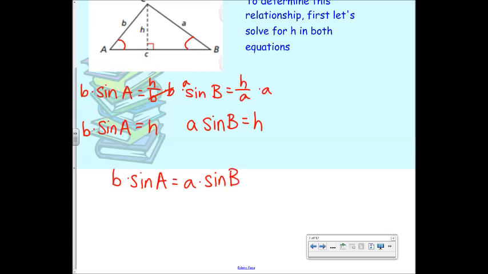If this is equal to h and this is equal to h, then these two things must be the same as each other, right? If a equals b and c equals b, then a and c have to be the same.